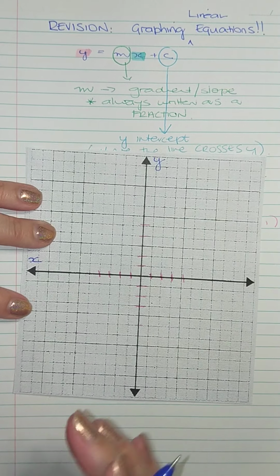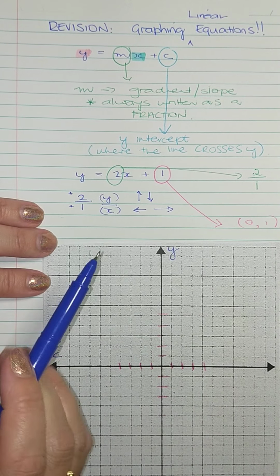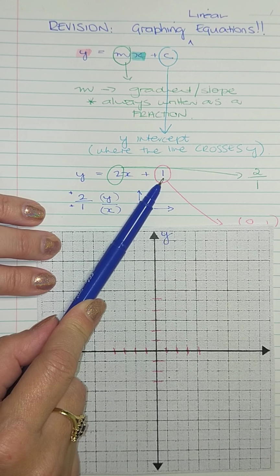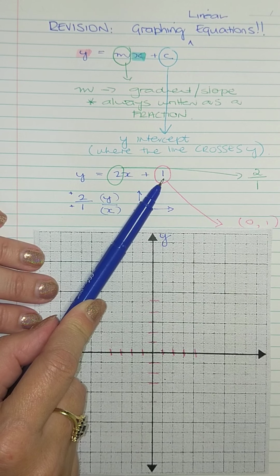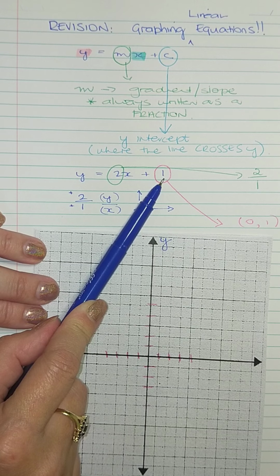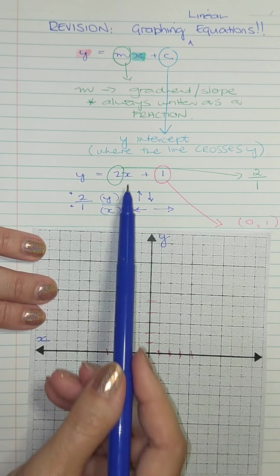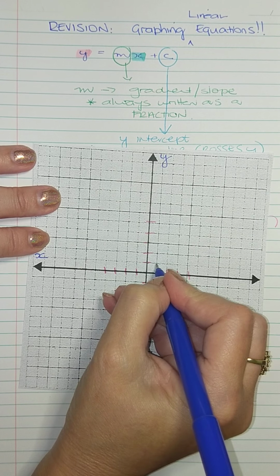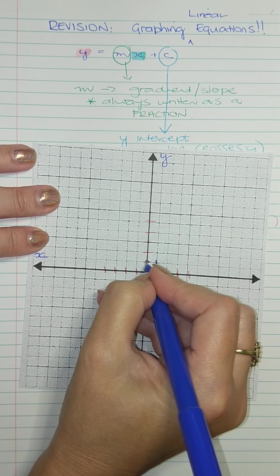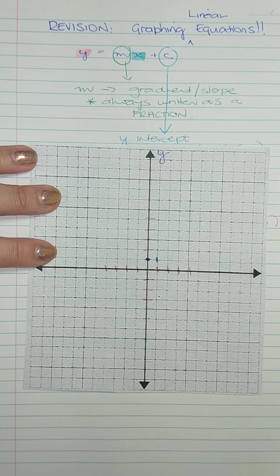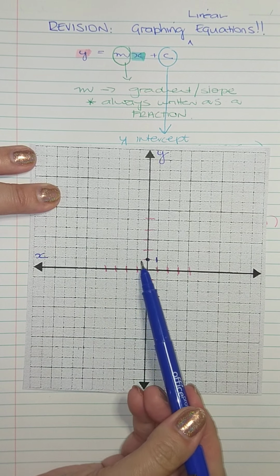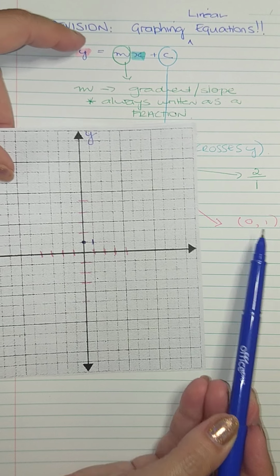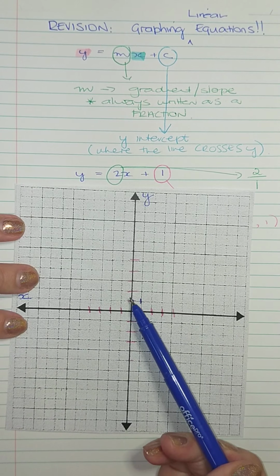All right, so let's work out, where does 1 on the y-axis sit, or where is this line going to cross over y? It's going to cross over y at the positive 1. Here it is here, positive 1. So I'm going to draw a dot there. Okay, and you'll see that x equals 0 there, just like we wrote over here. Okay, so this is our starting point.